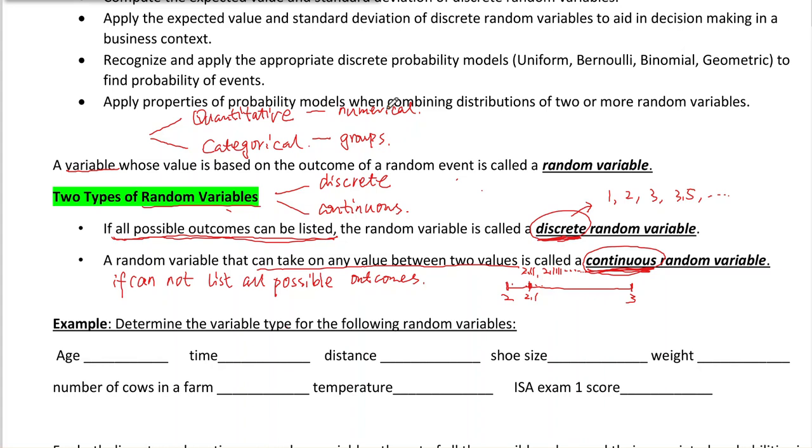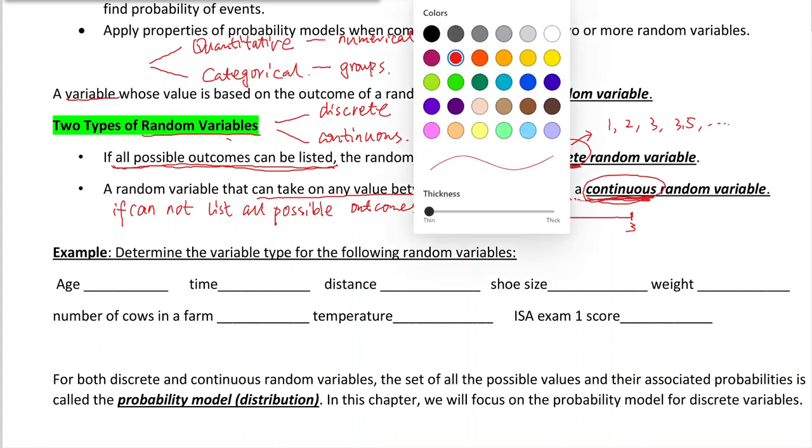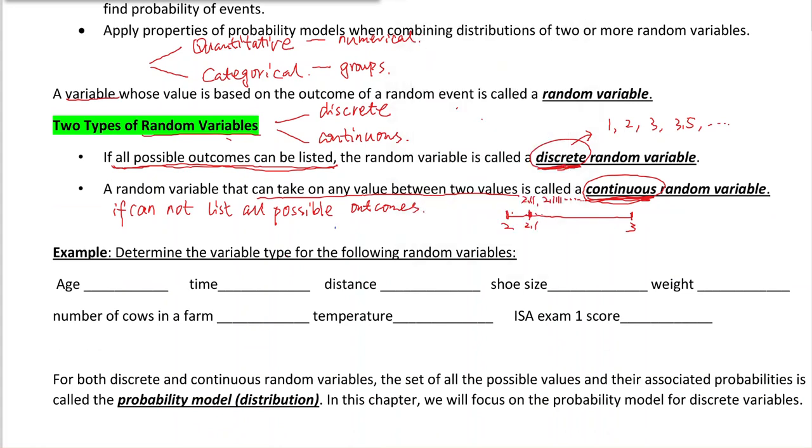Okay, now let's look at some examples. The first example, age. When we talk about age, normally we mean that you are 1 year old, 2 years old, 5 years old, 10 years old, until maybe 100 years old, 101 years old, 25 years old.